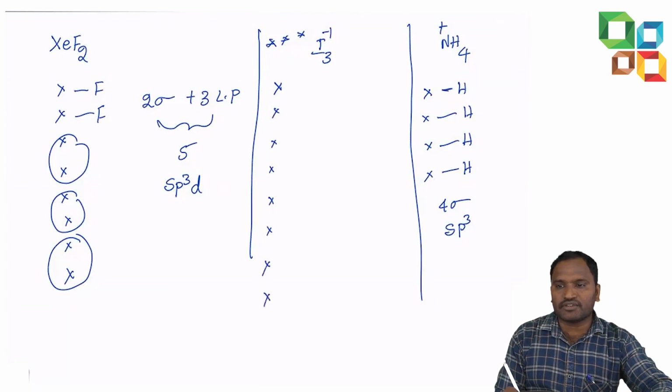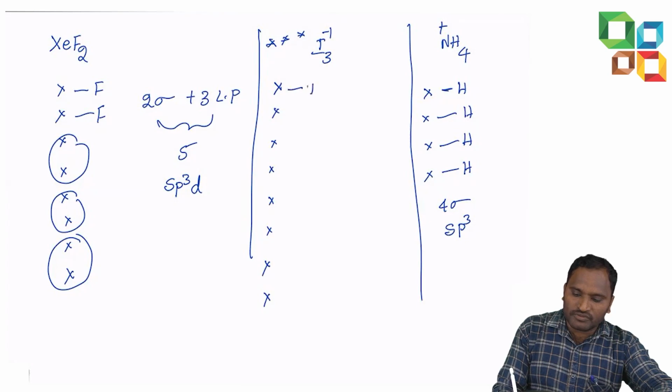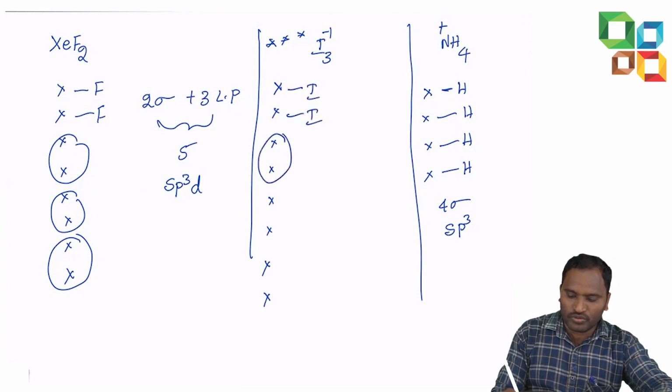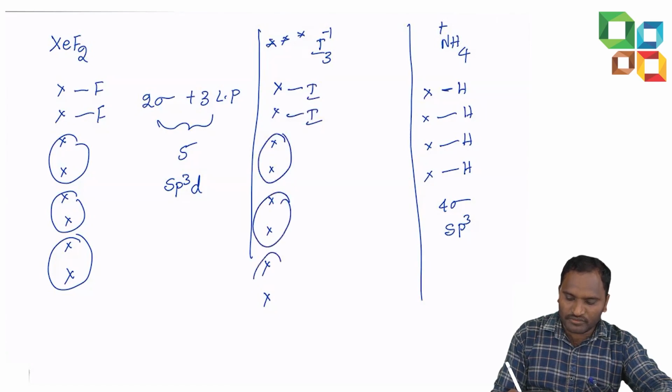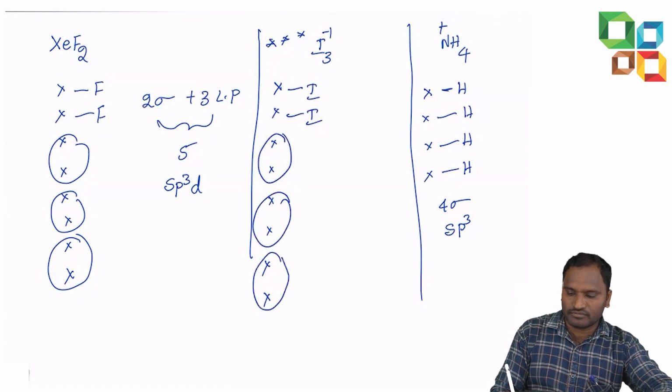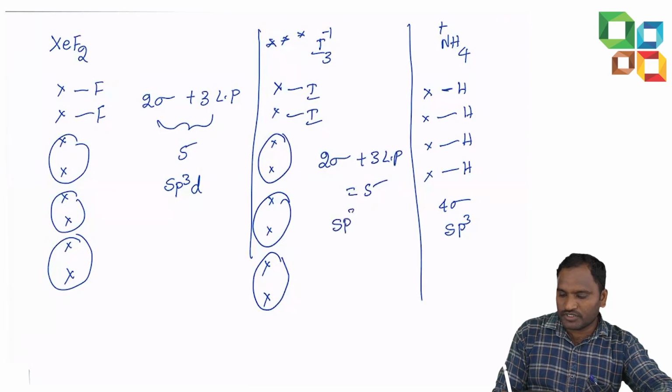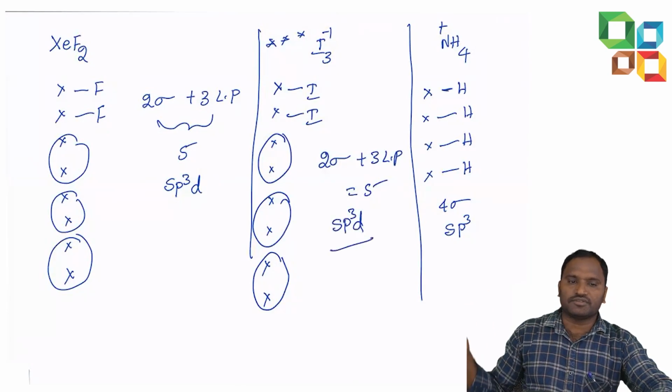You have to keep 1 electron extra. So out of 3 iodines, 1 iodine acts as the central atom. Only 2 iodines will form bonds with the central atom. Lone pair, lone pair, lone pair. 2 sigma bonds plus 3 lone pairs, 5. sp3d hybridization.